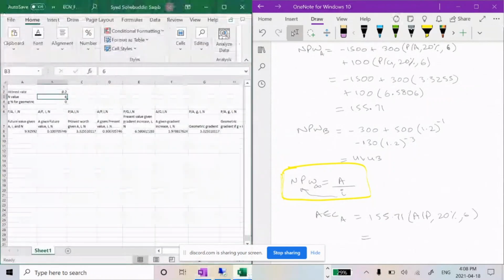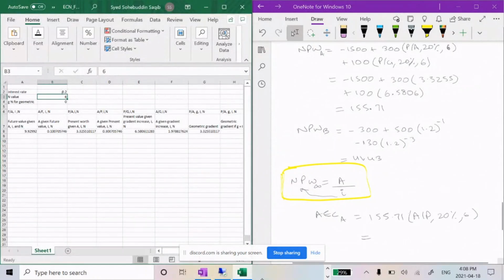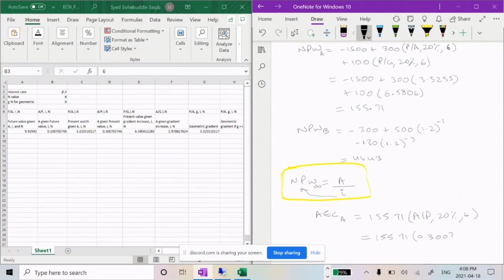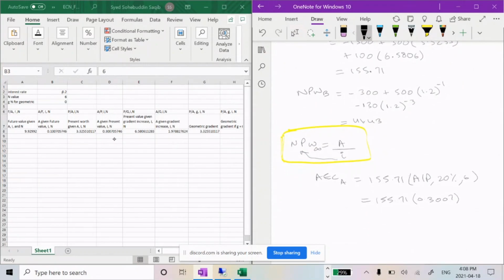So let's use this one. 20%, 6 periods is 0.3007. 155.71 times 0.3007, and you get 46.8189.